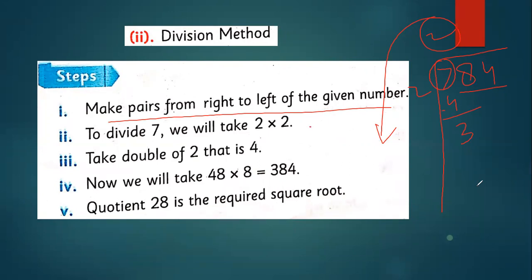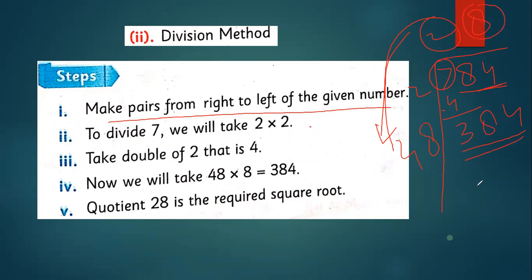Now bring this 84 down. This 2 becomes double of 2, which is 4. Now select a number that should divide this 384. If we take 8 here, 8 should be there.